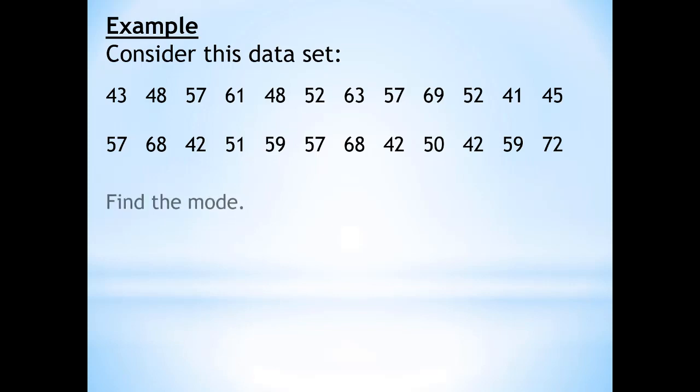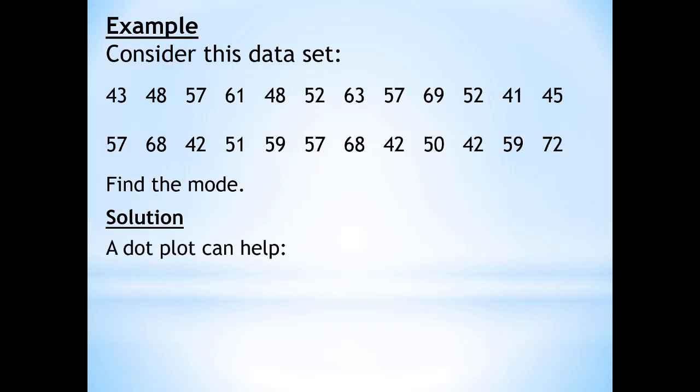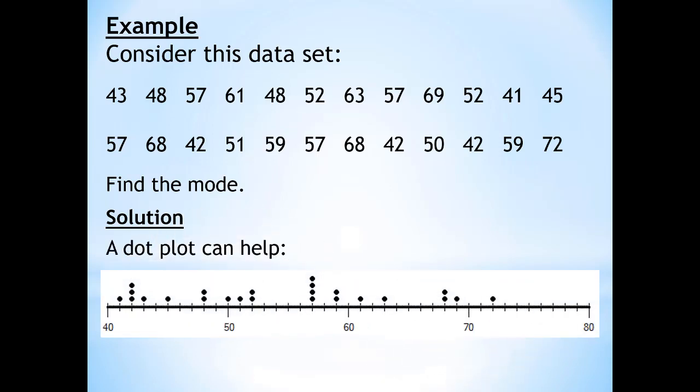We want to find the mode. So to find the data entry that occurs most frequently, we can use one of our graphs to do that. And the best graph to find mode is the dot plot. So I'm going to go ahead and build a dot plot for this data. And here's what it would look like.